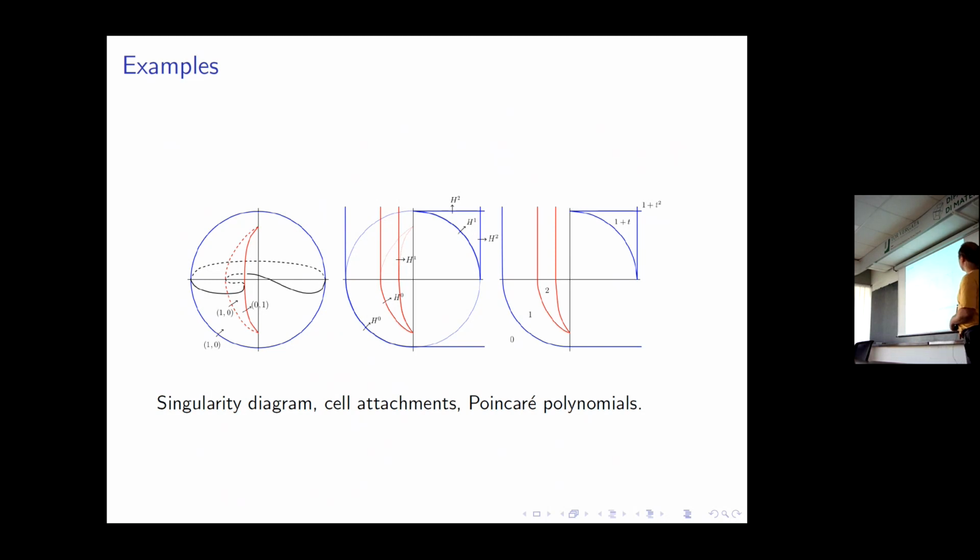And so that's how the homotopy type of the bifiltration transitions. The curves I'm describing here describe the transitions in the homotopy type of the bifiltration, and this is describing the dimension of the cell attachment.